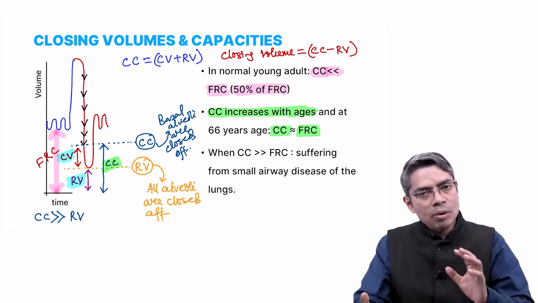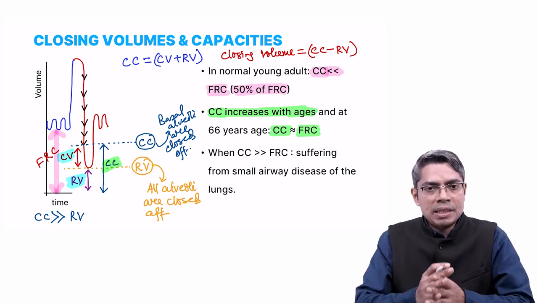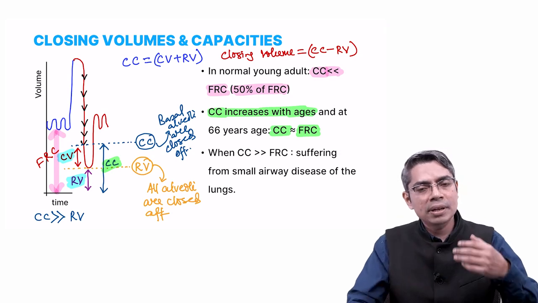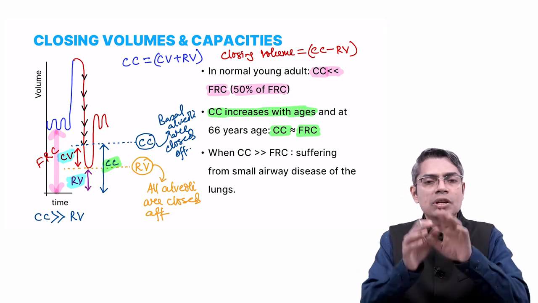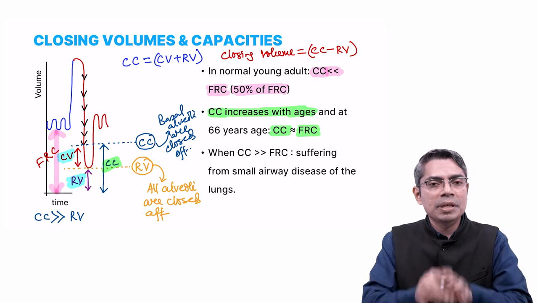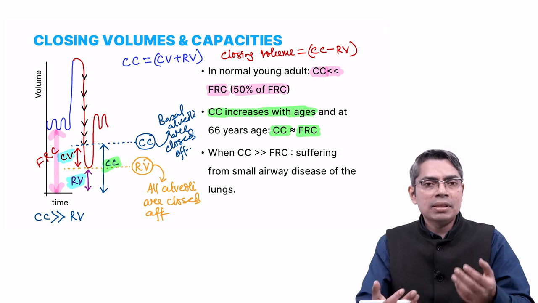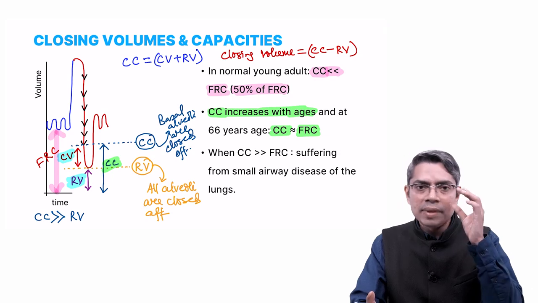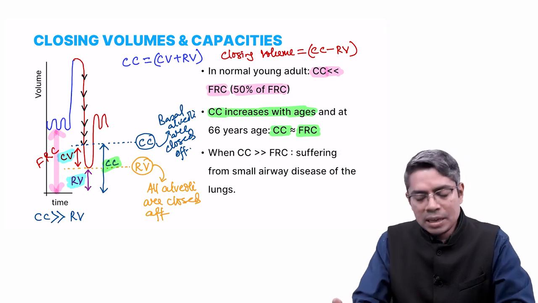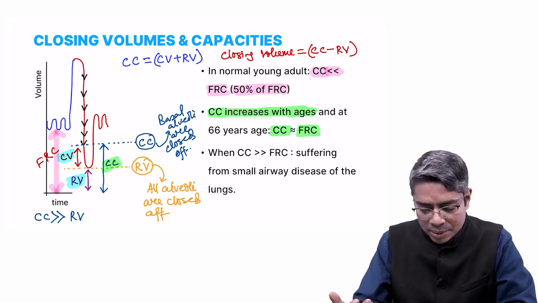That means in old age, the lung becomes highly collapsible. That's why in old age, when the person starts forceful expiration, there will be closure of the basal alveoli first, and that is the closing capacity. After that, the other alveoli will also get closed off. That's why residual volume will also increase, and closing capacity will be almost equal to the functional residual capacity.